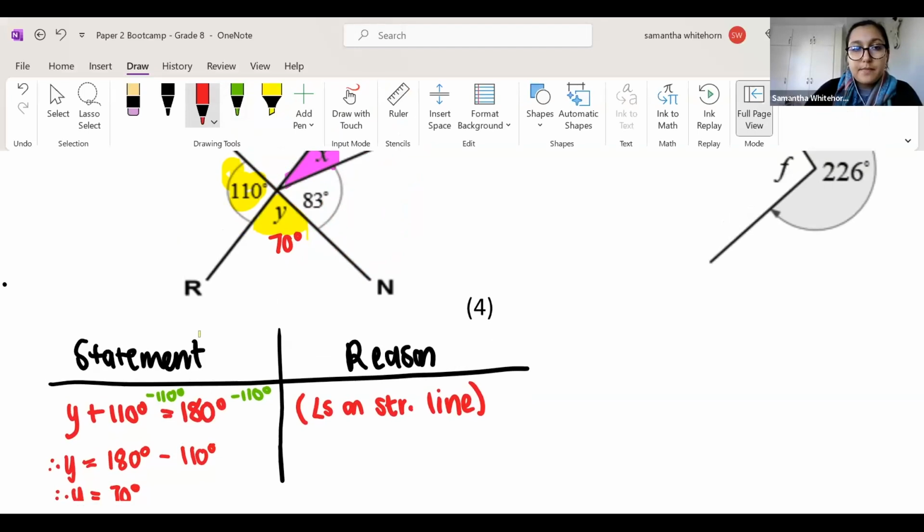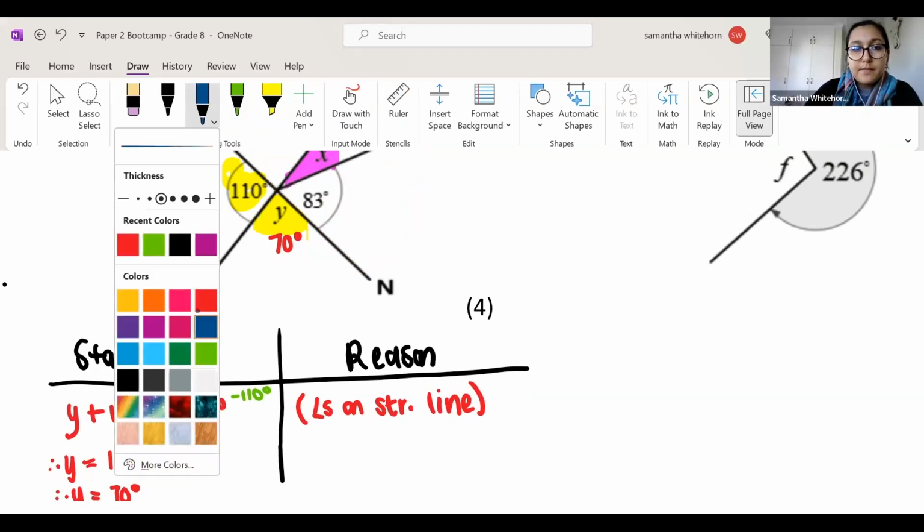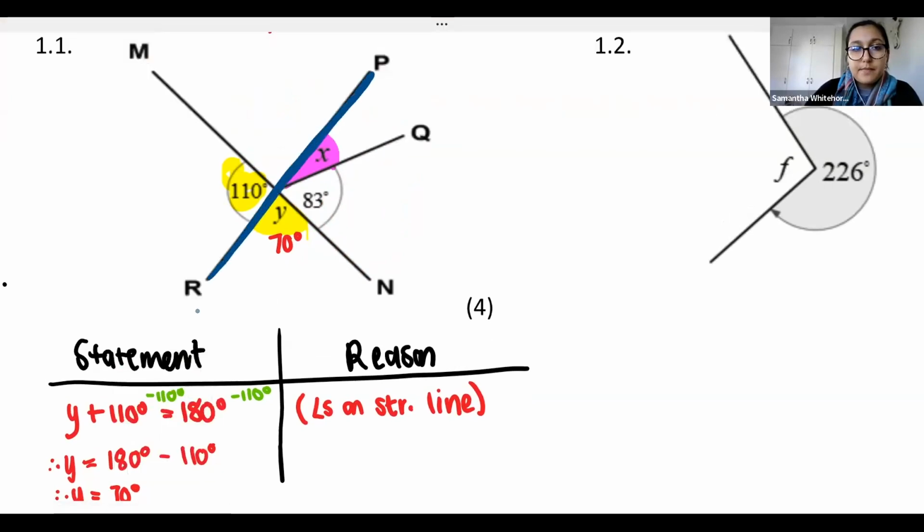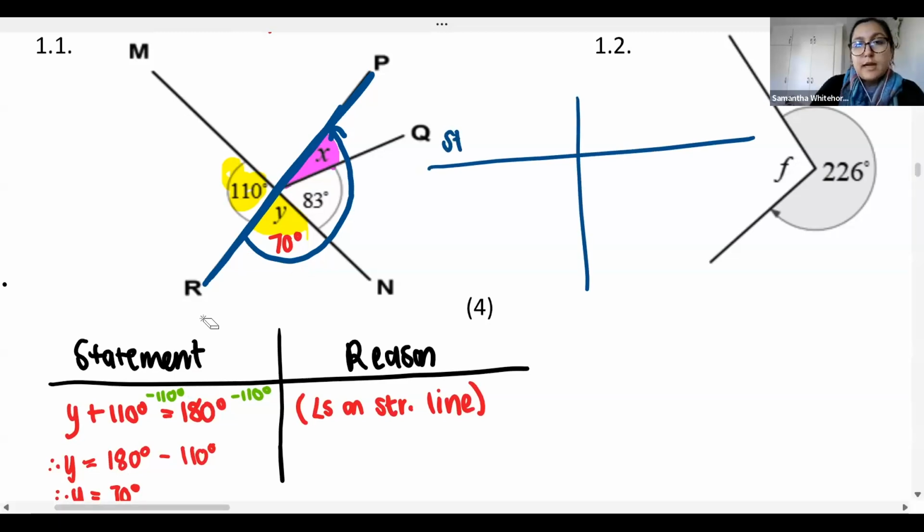Everything we give you in a diagram has some importance. And I see that I've got this other straight line RP. So now if I add up all of these angles on my straight line, 70 plus 83 plus X, I must get 180 degrees. So again, I make my statement and I give my reason.